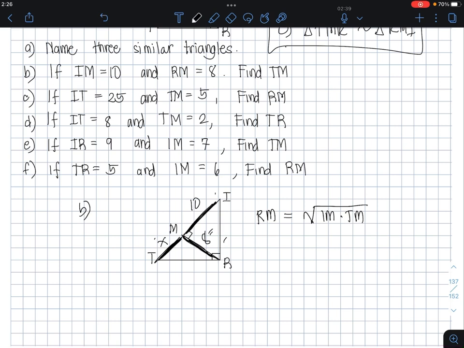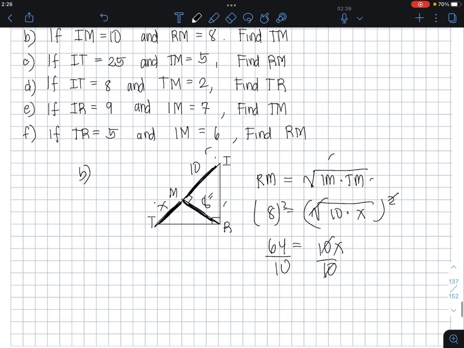Meron tayong 8 for RM equal to square root ng IM is 10 times TM is unknown or X. So, solve lang natin itong equation for X. So, square natin both sides. So, we have 8 squared, 64, equal to, cancel yung square root, so magiging 10x. Then, divide both sides by 10. So, masasolve natin si x or yung TM nga, which is 64 over 10 or 6.4. So, therefore, TM is 6.4.